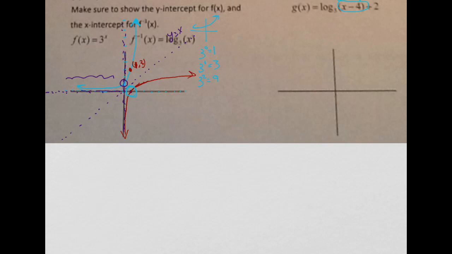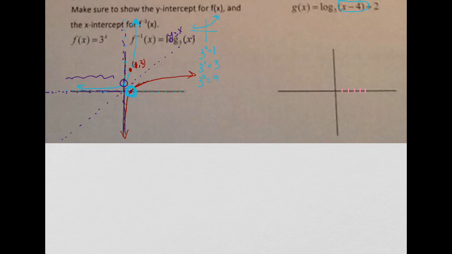I know that x-intercept on that graph right there is supposed to be at the x value 1 with a y value of 0. But this transformation, minus 4 inside the parentheses there, that's going to move everything to the right. So instead of being at 1, it's going to be at 1, 2, 3, 4, 5.